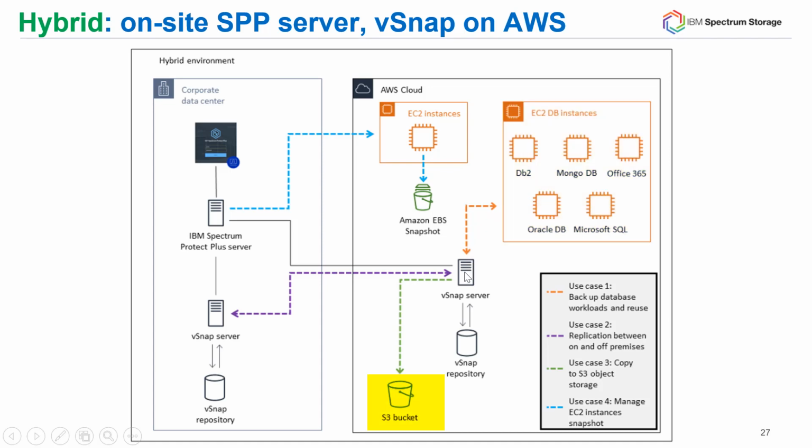Those can in turn be sent for long-term retention out to an S3 bucket inside AWS. Likewise, if you enable EC2 snapshots, the snapshots will be created to Amazon storage inside of your AWS cloud as well. So with that, let's go ahead and get started with the demo of how you enable the EC2 portion during the Spectrum Protect Plus install in AWS.